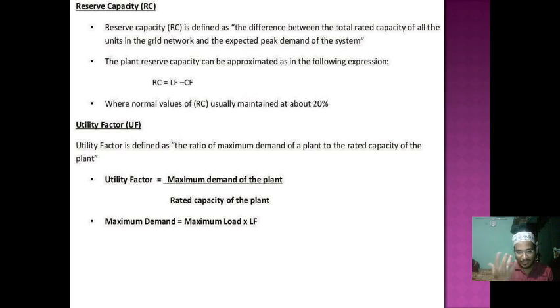As per the limit, the power plant will take a demand, and sometimes the maximum demand goes beyond the rated capacity of the plant. So at that time we have to consider the utility factor.